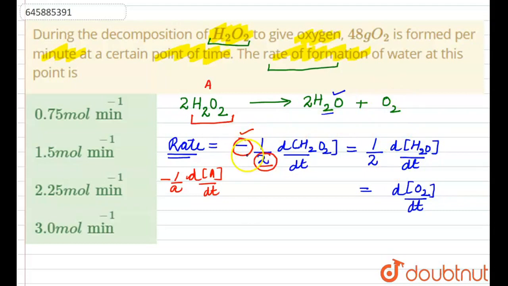So this is the representation for this rate, and in the question we are given that the rate of formation of oxygen per minute is 48 gram.